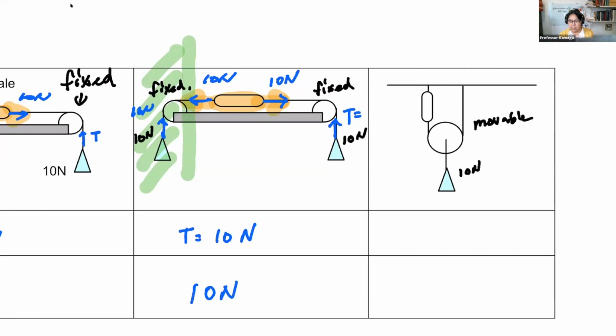Therefore, you see that the load is supported by two tension forces. It's the same rope, but it's supported by two tension forces. Therefore, the tension force will be 5 Newton, and the scale will read 5 Newton.